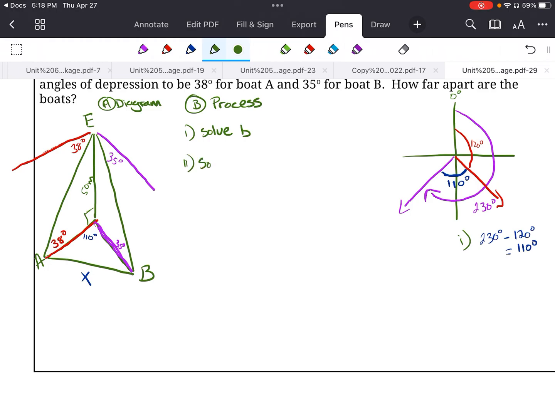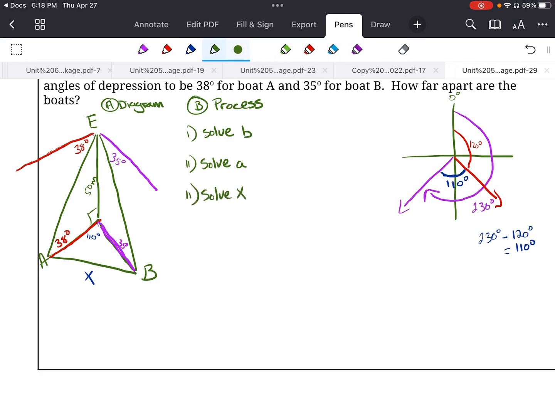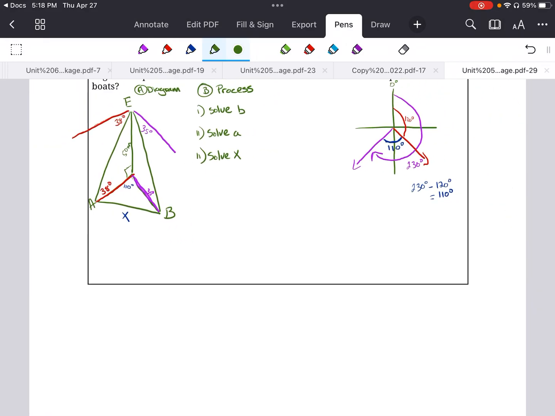Two is solved for A. Oh, sorry, we did not solve for B. And 3 will be to solve for x. Okay. So process C is to solve.